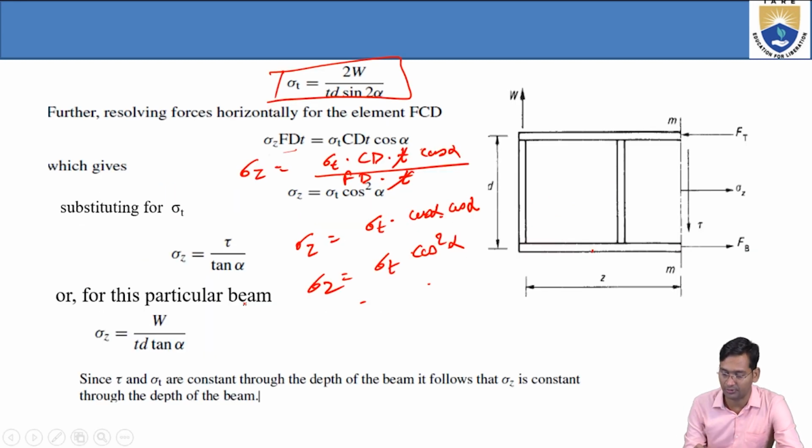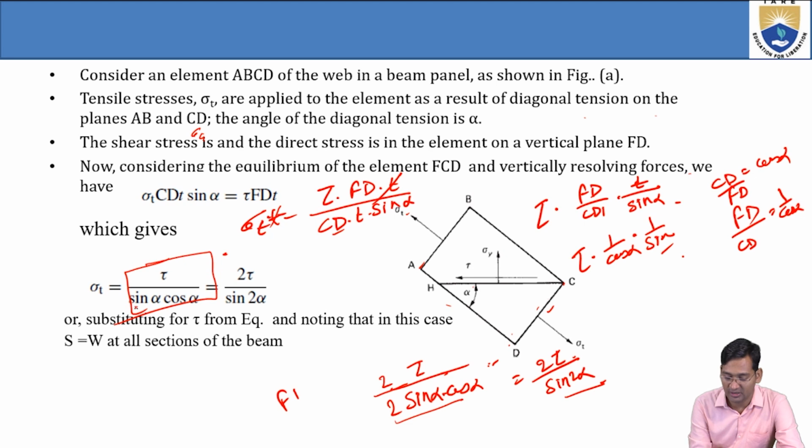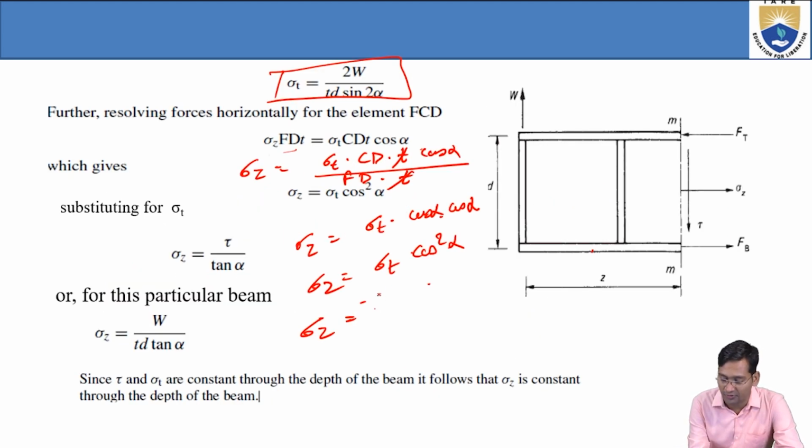So let's substitute that one. Sigma Z equals sigma T. What is sigma T? Tau by sine alpha into cos alpha. This value we are substituting, for sigma T into cos square alpha.